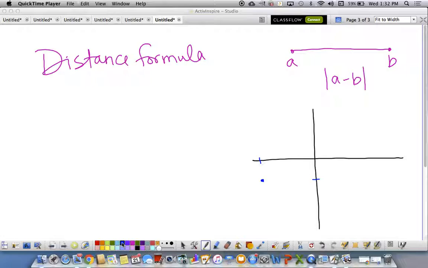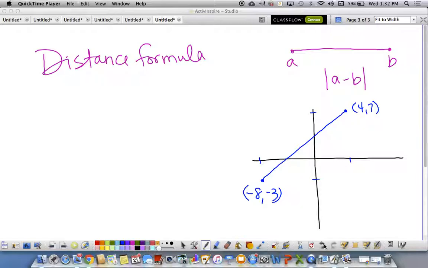I've yet to pick one that came out nice, just so you know. -8, -3 to, let's say, 4, 7. Okay? So now, all of a sudden, we're not on a straight line. That's really not straight. We want to find the distances going diagonal across our coordinate plane.